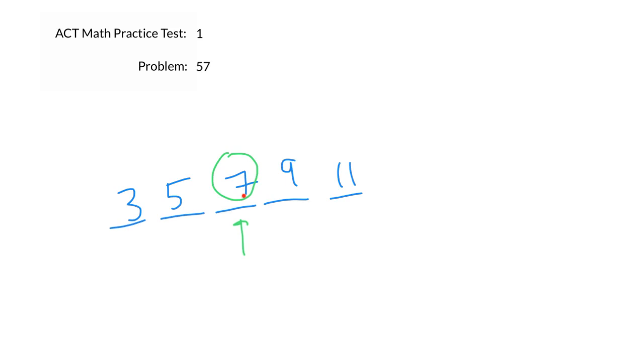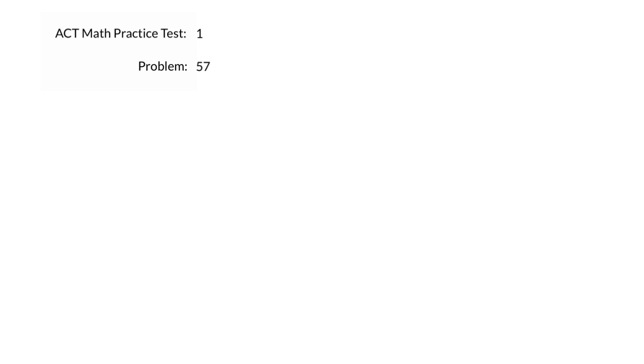So the median and the mean will always be the same if it's the case that these numbers are spaced apart by the same amount of units, also known as an arithmetic sequence. Okay, so therefore, the answer to problem number 57 is A, because they already tell us that there is a finite arithmetic sequence.